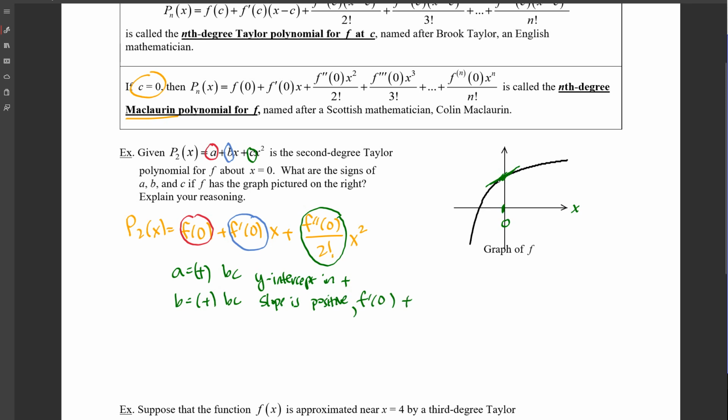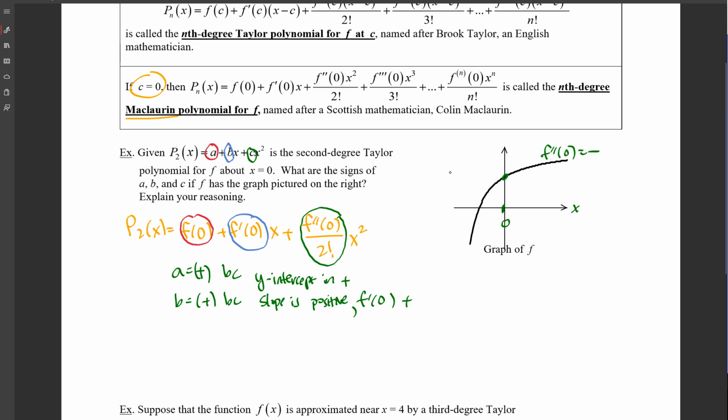All right, what about this right here, f double prime at 0? So at this point here, is my second derivative positive or is my second derivative negative at this point? Yeah, the second derivative at 0 is actually negative, right? Because this is concave down.